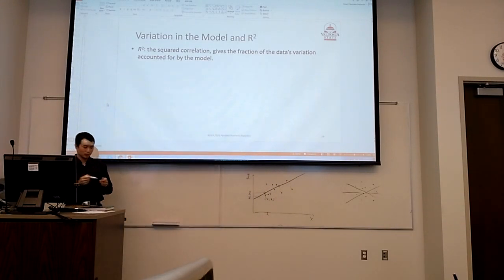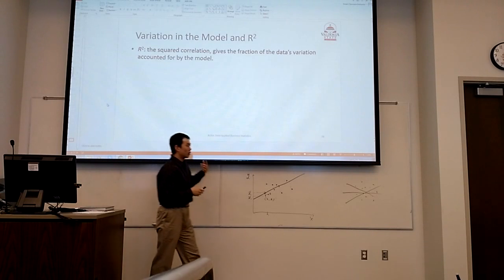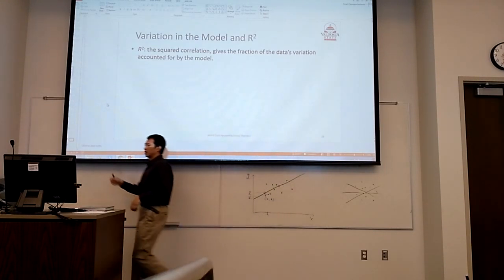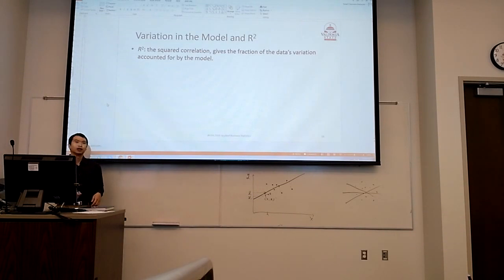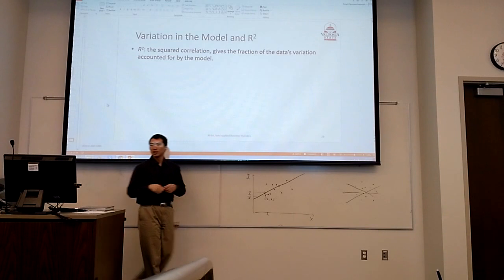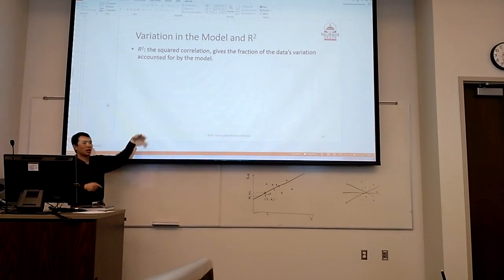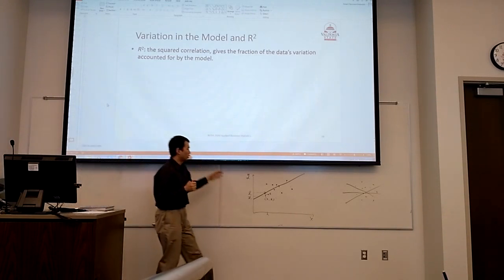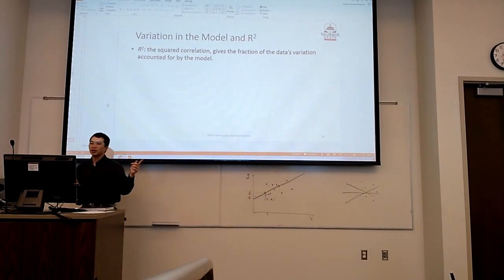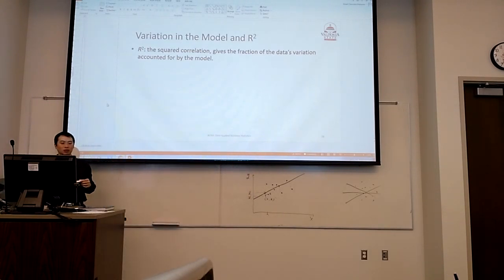When we do our regression, we have to calculate the least square. If you read the textbook, that's called least square. So how do we measure if the regression model is good or bad? We use this R square, the squared correlation.